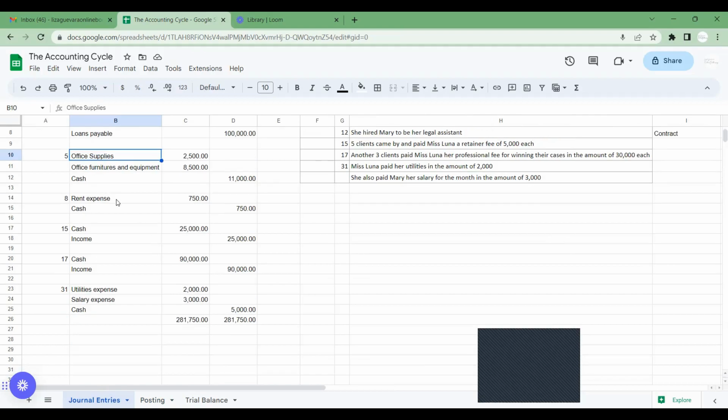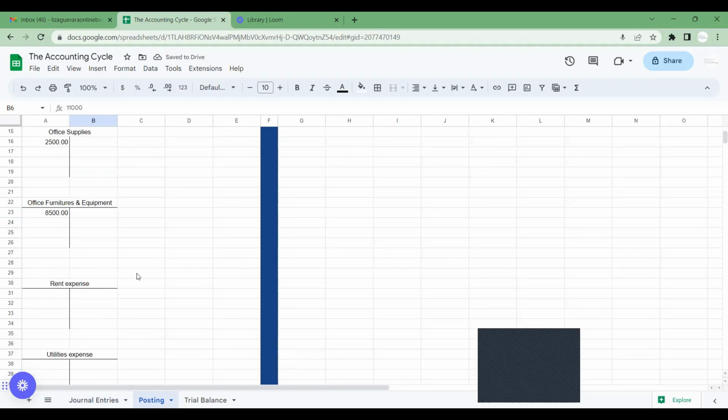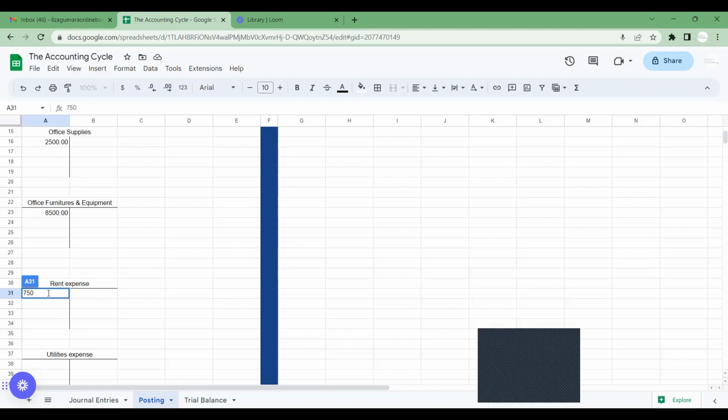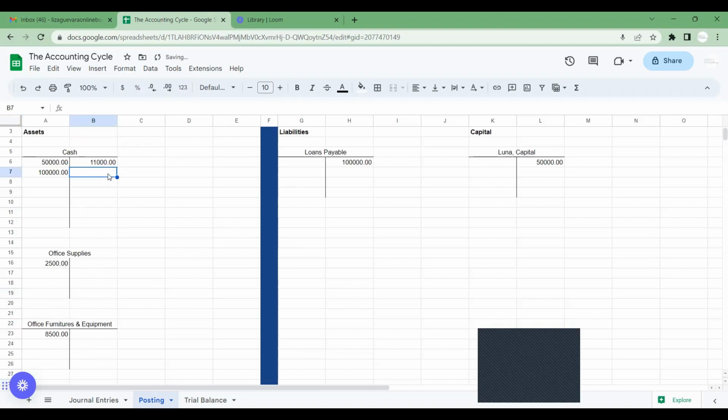So next we have rent expense and cash. Debit rent expense and credit cash of 750. So that would be here, rent expense 750 and credit cash of 750.